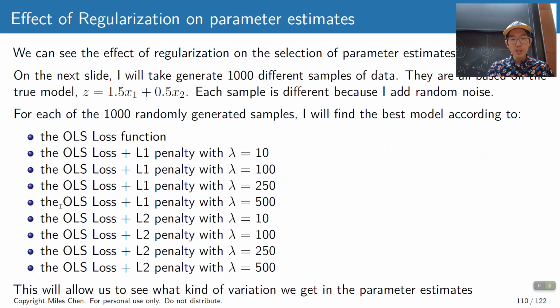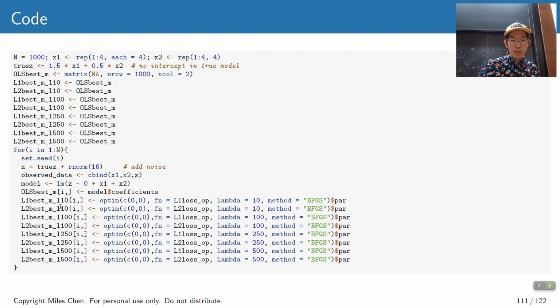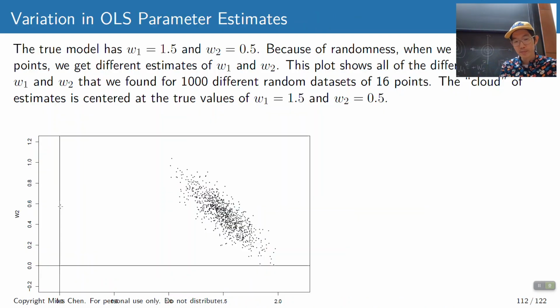Okay, so I'm going to show you a bunch of pictures here. You're going to see a cloud of points. The true relationship has W1 equal to 1.5 and W2 equal to 0.5.